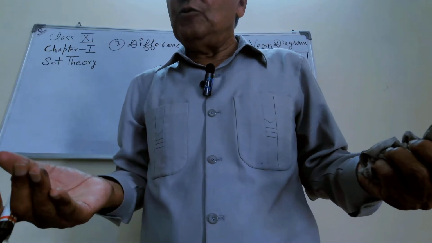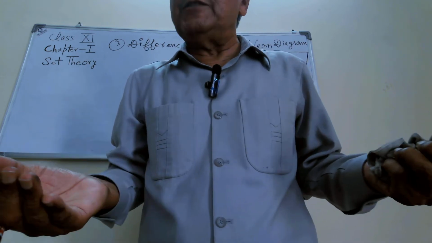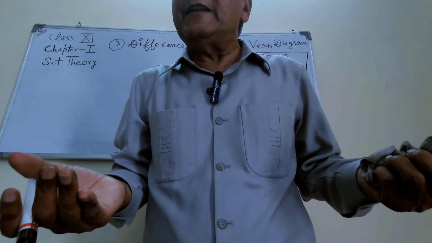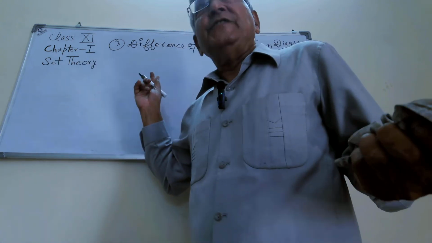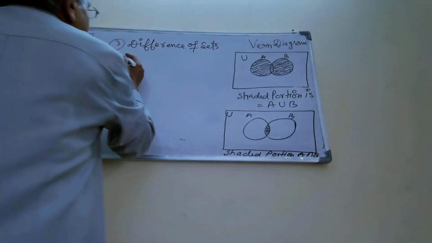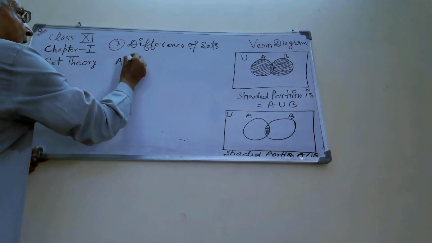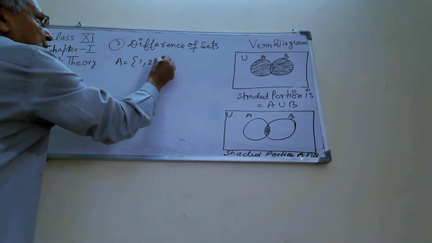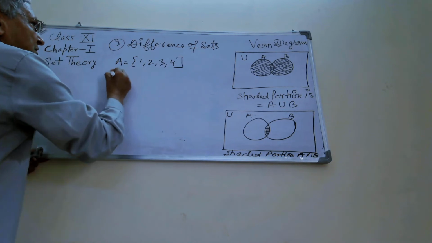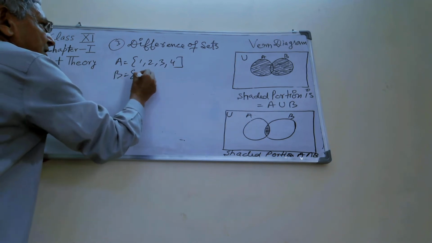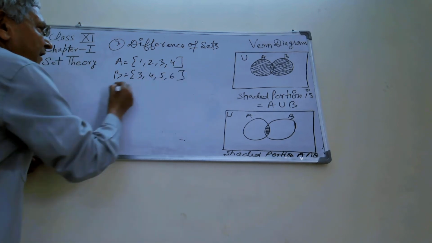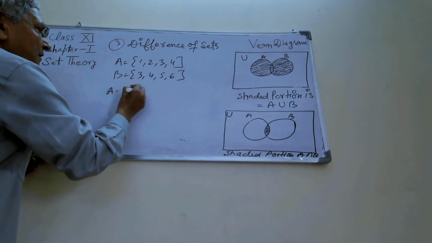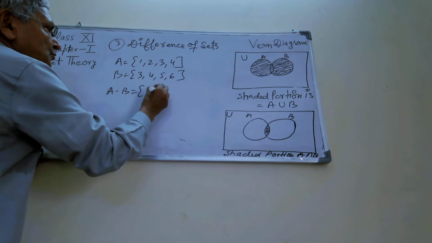You have seen A union B, you have seen A intersection B, now A minus B and B minus A in difference. Now A is a set 1, 2, 3, 4, and B is another set 3, 4, 5, 6. A minus B is equal to 1, 2.